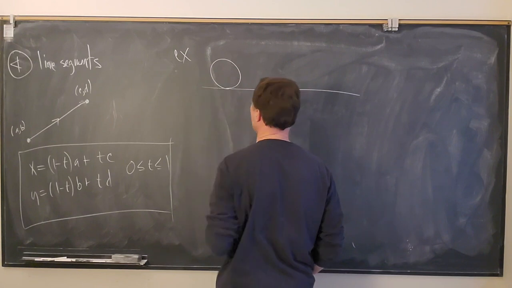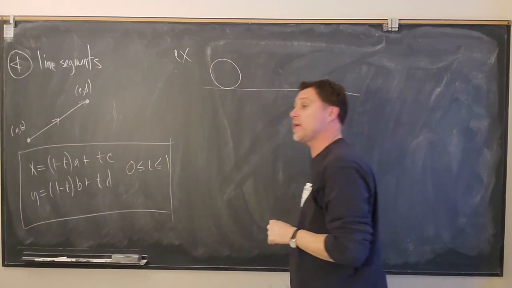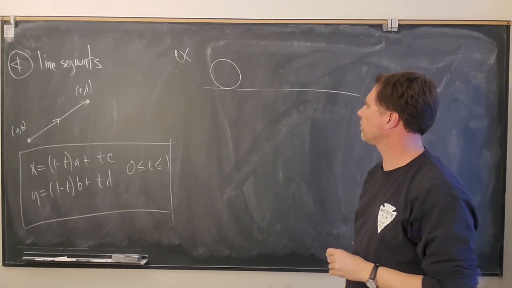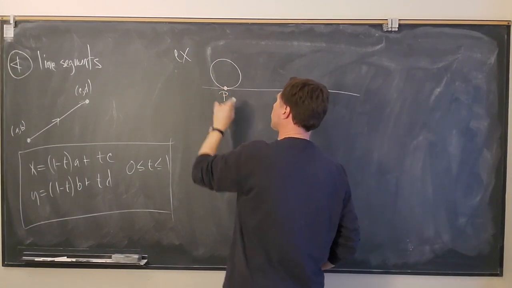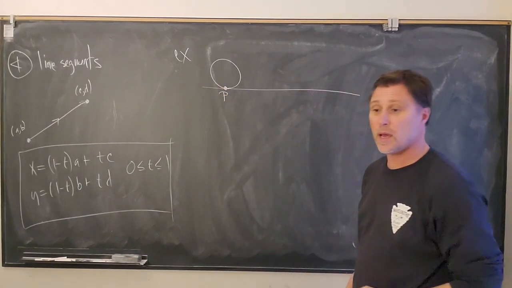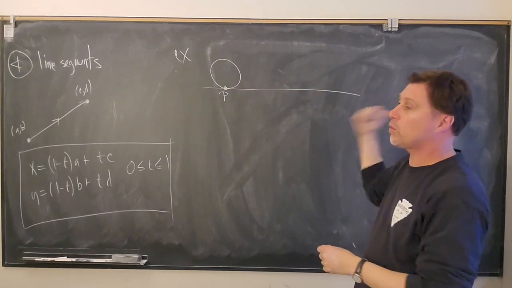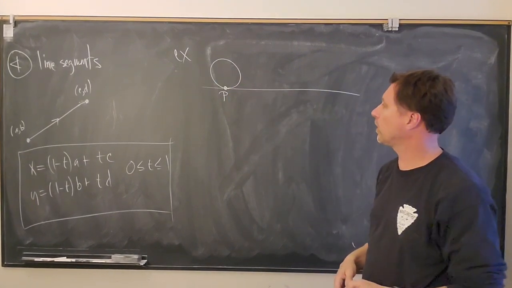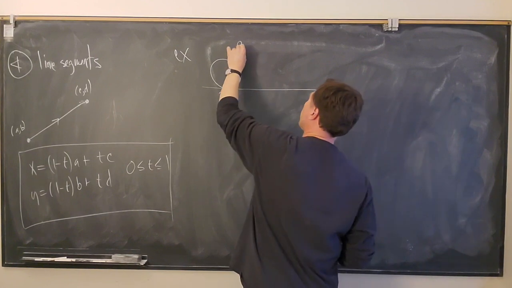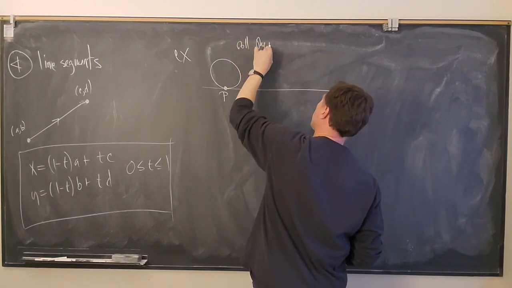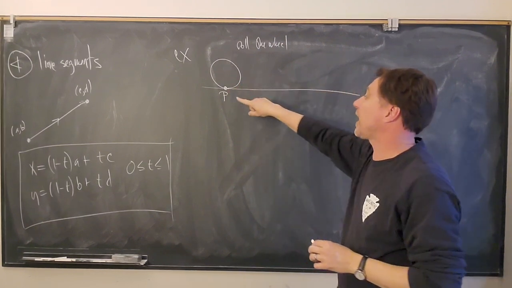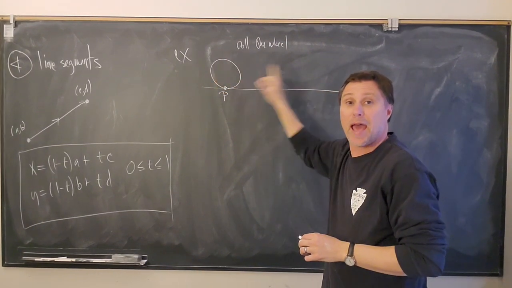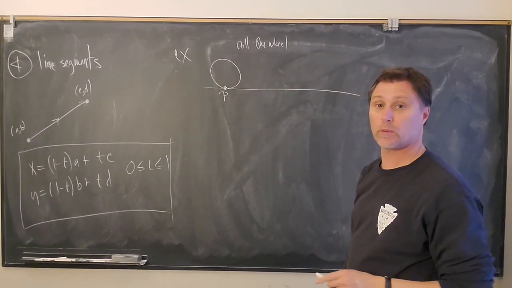So here's the idea. What I want to do is take a wheel. Imagine this is a wheel right here. And I'm going to pick a point on that wheel, call it little p. Now what I want to do is roll that wheel to the right, and study what's going to happen to that point P as the wheel rolls along.